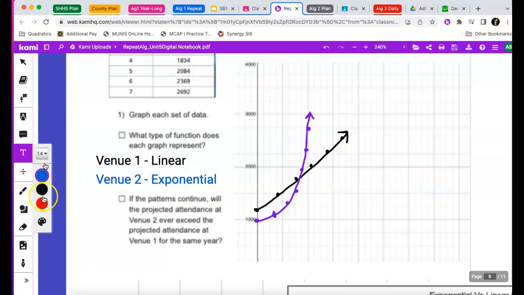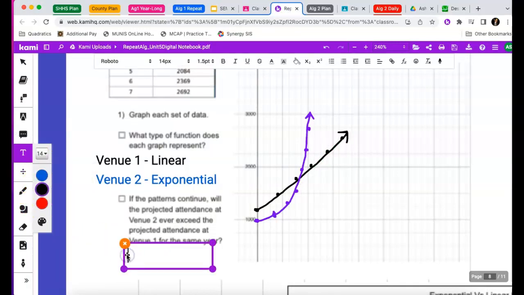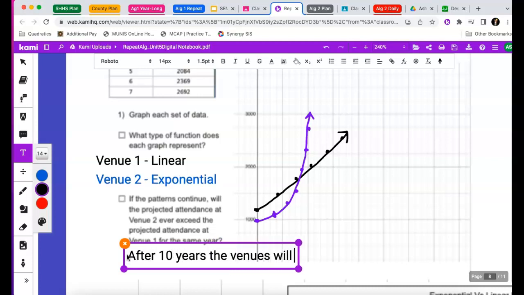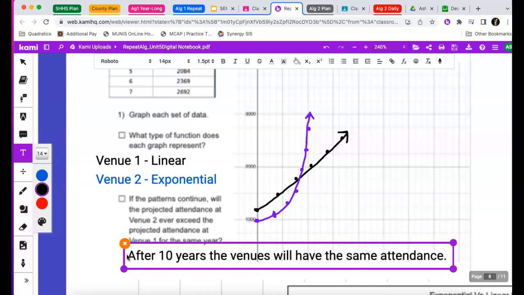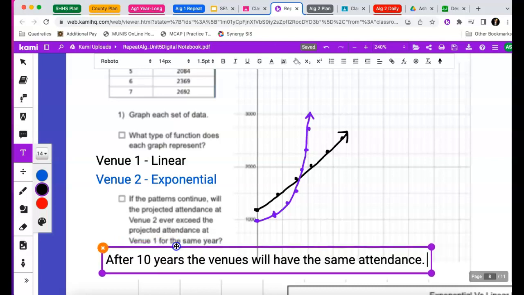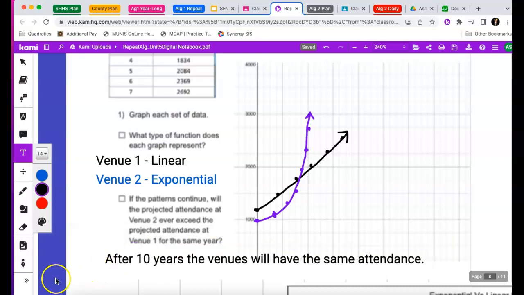So for part 2, after 10 years, the venues will have the same attendance. Since that's where they intersect, after 10 years is where they're going to have the same attendance.